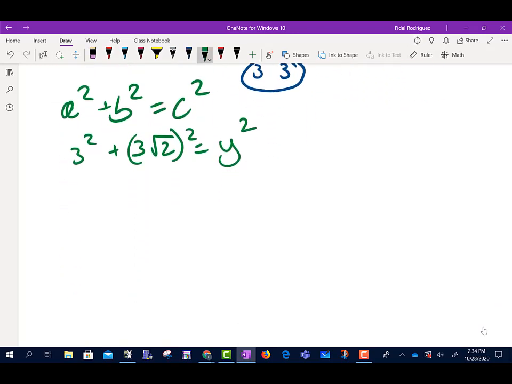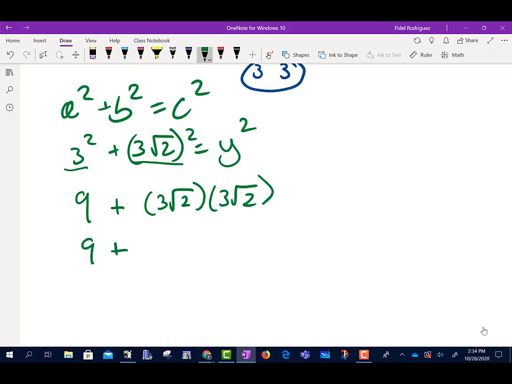Okay. So we're going to go slow here. 3 squared means 3 times 3, that's 9. I'm going to actually write this out so it looks like this. Remember what it means to square something. It means to write it down 2 times. When I'm multiplying this one here, these numbers here are going to multiply, and then these numbers here are going to multiply.